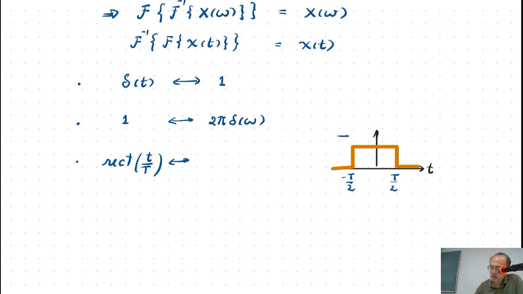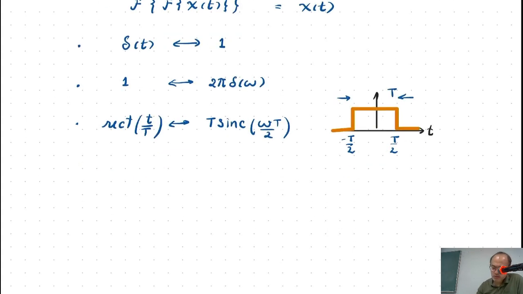In other words, the width of this signal is T. This is called the rectangular pulse signal, and the corresponding Fourier transform of this signal is T sinc of omega T over 2.